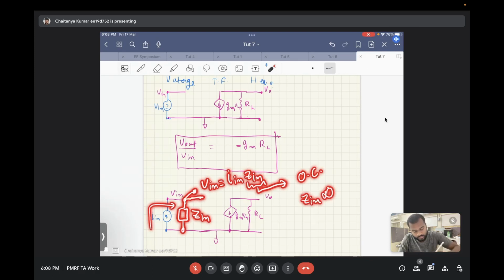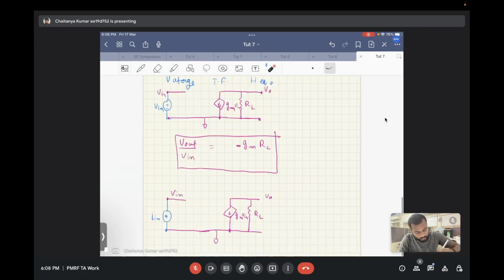So the voltage developed at this node will be infinite. Since output is minus Gm Vin times RL, and Vin is infinity, output will also be infinite.